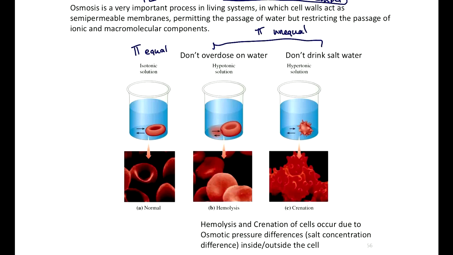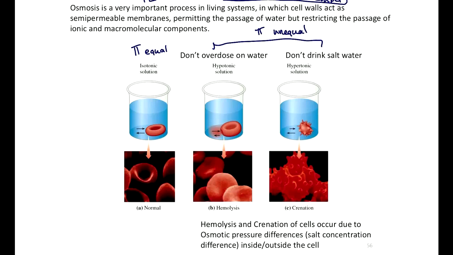But when you put a red blood cell into a saltwater solution, something can happen. If the saltwater solution on the outside of the cell is the same concentration as the inside of the cell, we call that an isotonic solution.